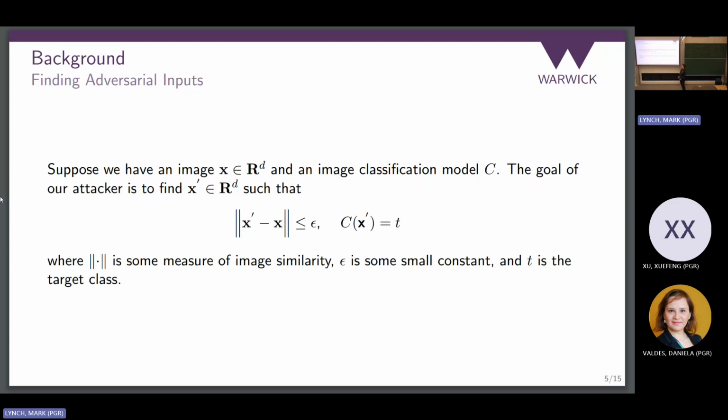On the left-hand side, we typically use some measure of image similarity, which makes sure that the adversarial image is similar to the original. So we want this norm to be less than or equal to some tolerance, epsilon. We also want the adversarial example to be misclassified. Our attacker has chosen some target class T. If we think about the stop sign, they might choose the target class to be a speed limit sign. Then we want our classifier to classify this adversarial example as this T.